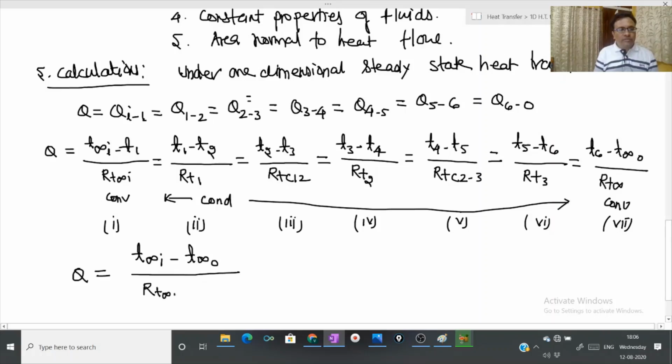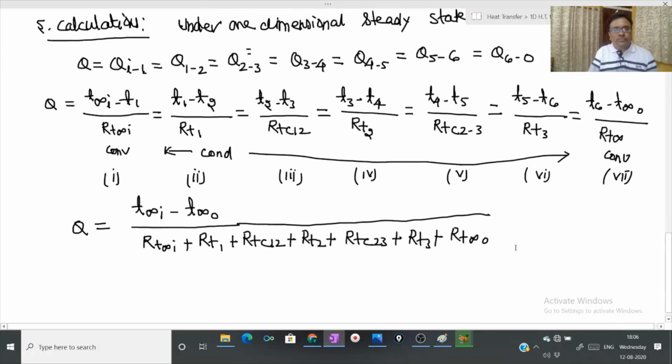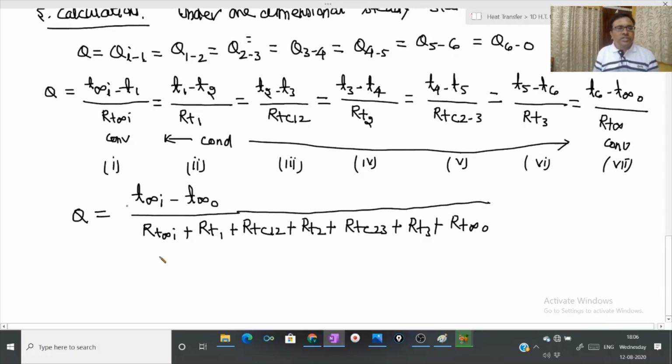So RT infinity I plus RT1 plus RTC12 plus RT2 plus RTC23 plus RT3 plus RT infinity O. Isn't it?